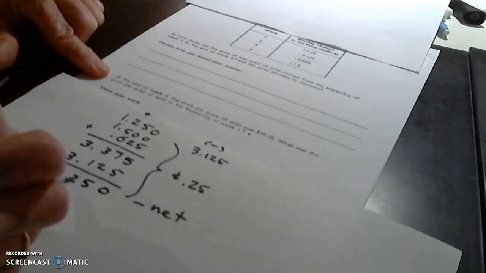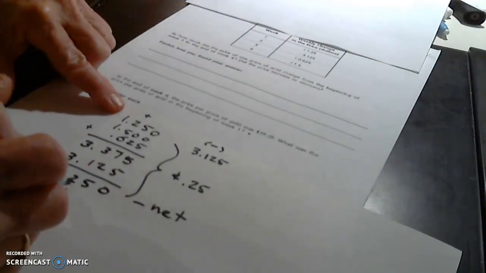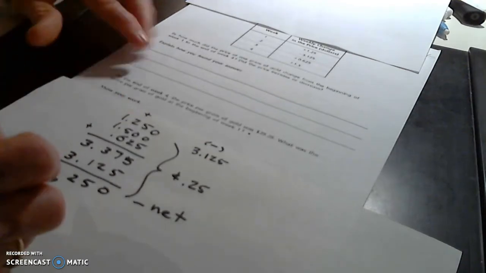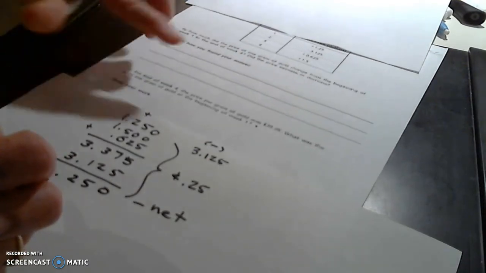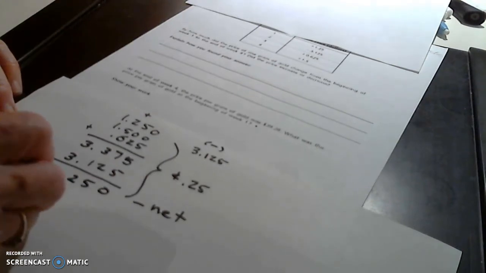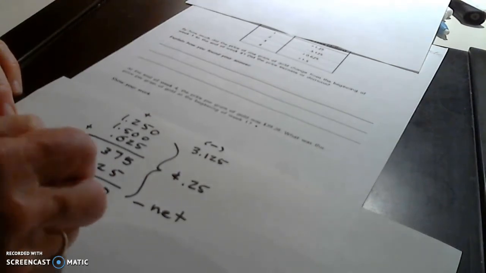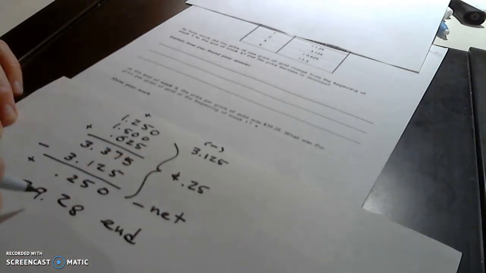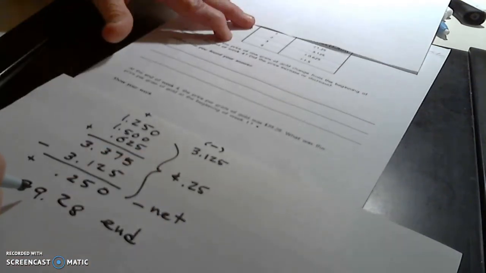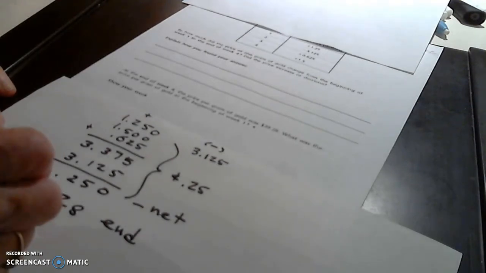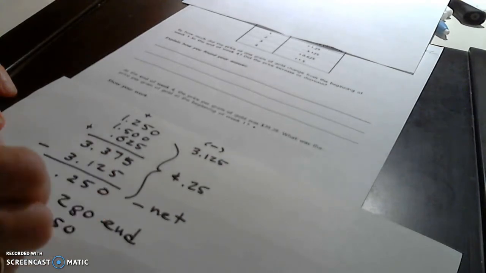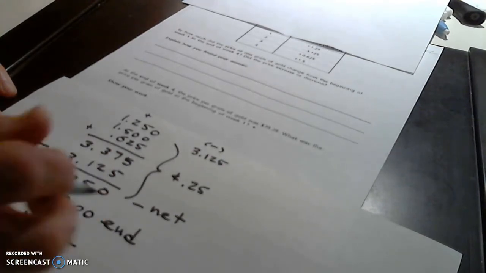Well, we know that at the end of the week, it just went up by 25 cents. And therefore, if it was 39.28 at the end of the week, at the beginning of this week 1, I'm just going to subtract the 0.250 to find the price at the beginning of the week.